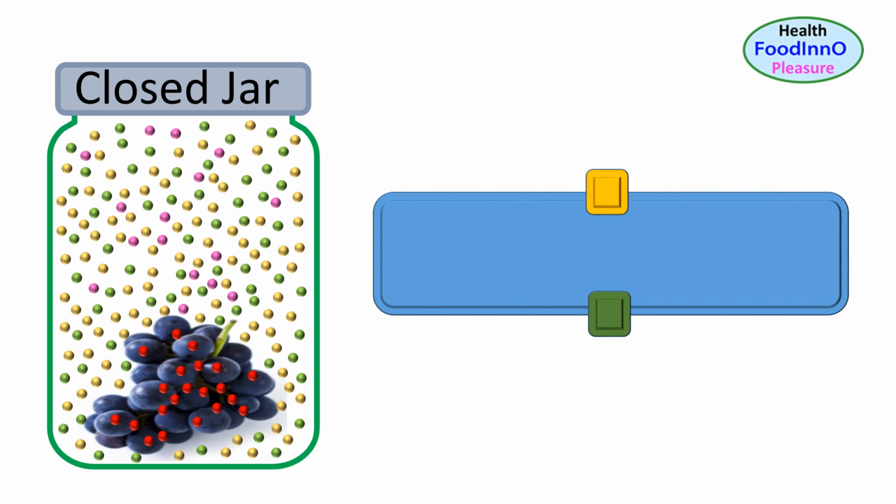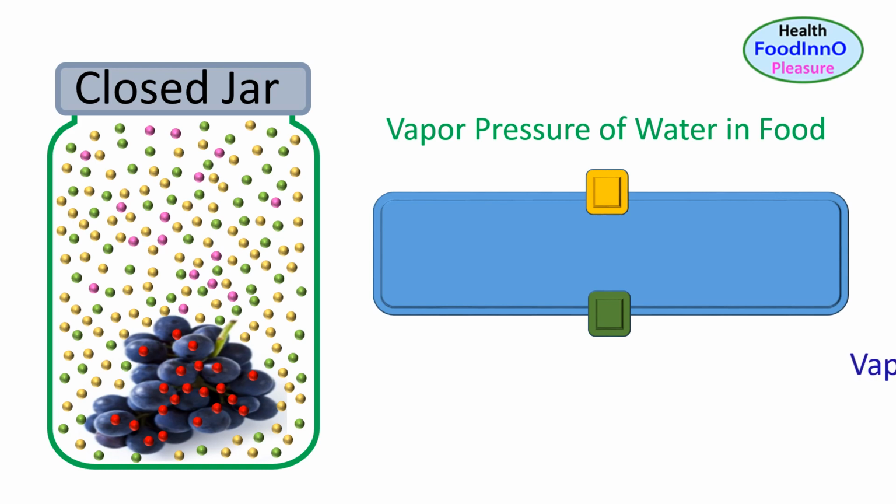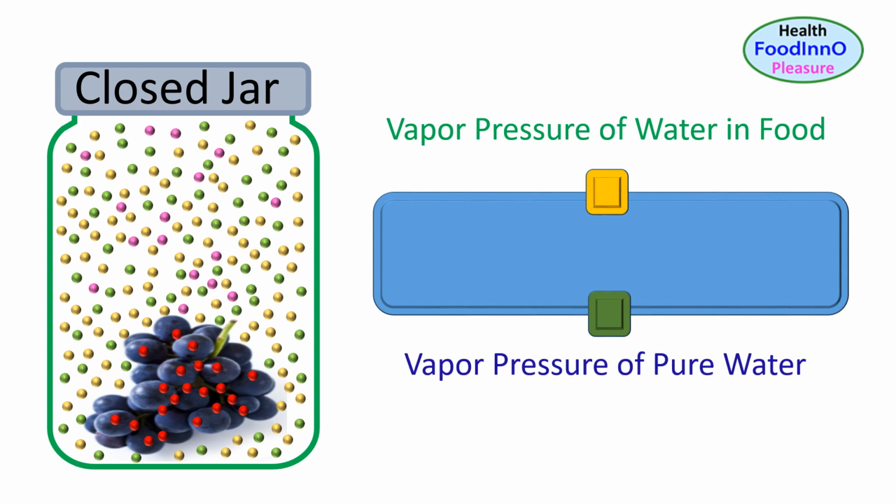The water vapor molecules in the vapor space create the partial pressure of water vapor. As I mentioned earlier, more water molecules in the vapor space will create more partial pressure of water. This water vapor pressure at equilibrium condition, and the water vapor pressure if we keep pure water instead of grapes, define the water activity.